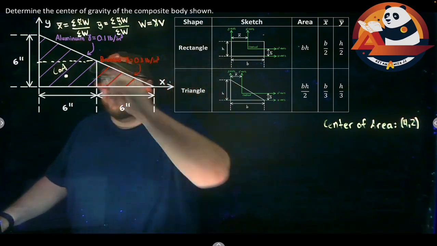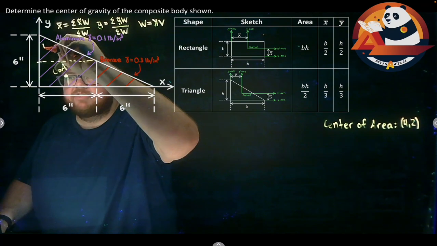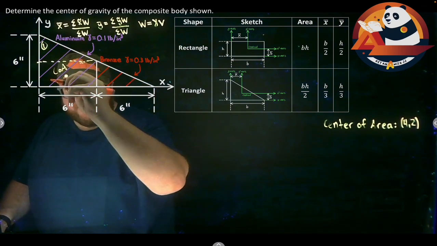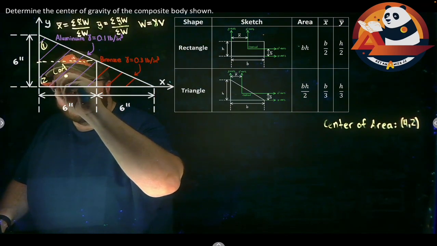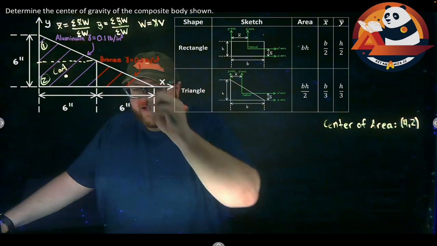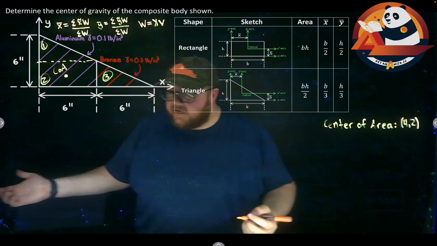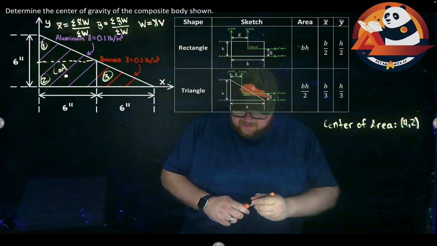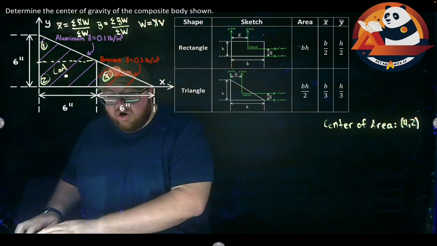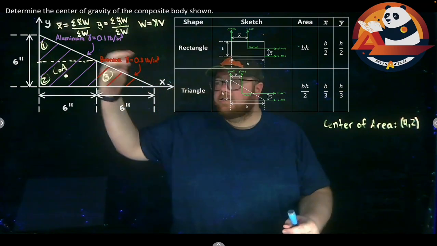Let's call our triangle the aluminum triangle, shape 1, our aluminum rectangle, shape 2, and our bronze triangle, shape 3. Three pieces means I'm going to need three rows in my centroid table to get this solved.